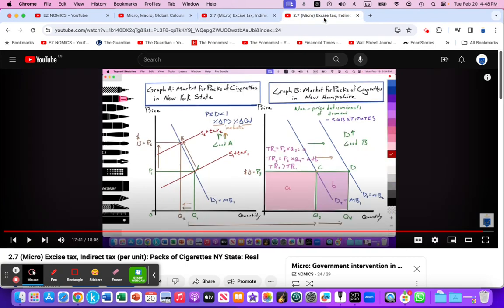That led to another video where we're looking at the application of non-price determinants of substitutes, where the state of New York, by increasing taxes on packs of cigarettes, becomes a very expensive alternative, perhaps incentivizing consumers in the state of New York to look for cheaper substitutes in the surrounding states, like New Hampshire, where cigarette taxes are lower and packs of cigarettes are priced lower.